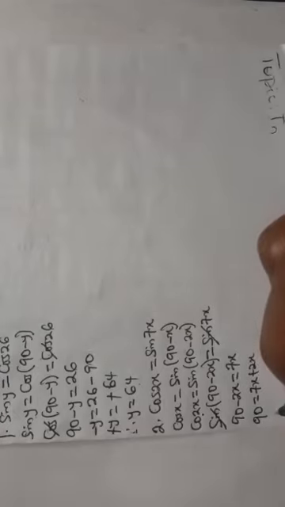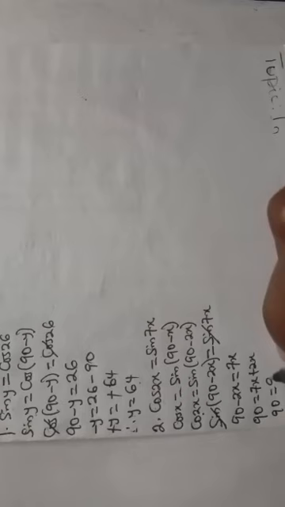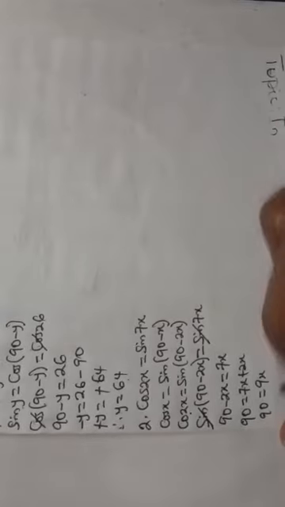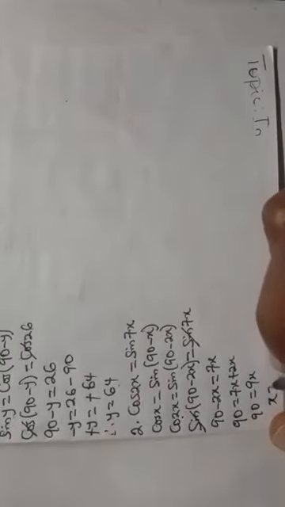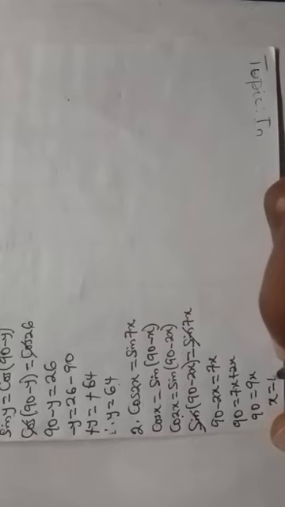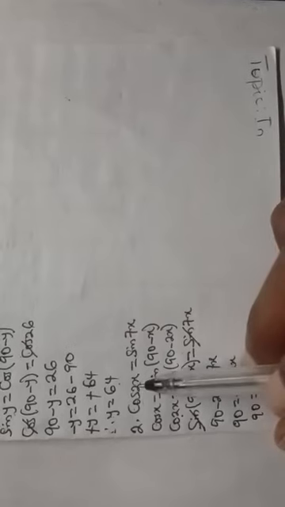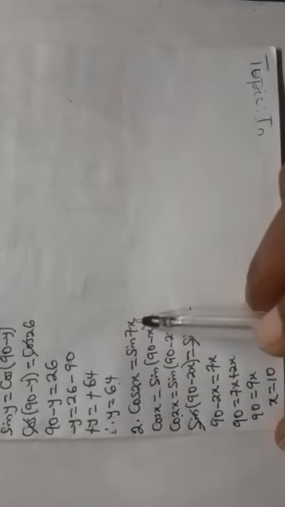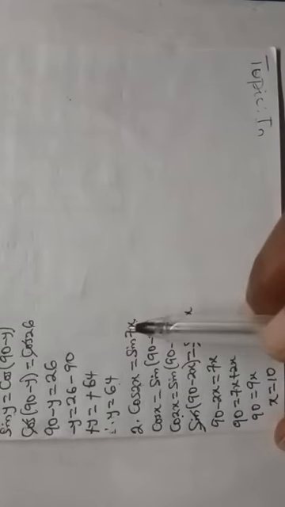So in summary, 90 is equal to 9x. When we divide both sides by 9, we're going to have that x is equal to 10. That means coming back here, 2 times 10 is 20. 7 times 10 is 70. That means cos 20 is equal to sine 70.